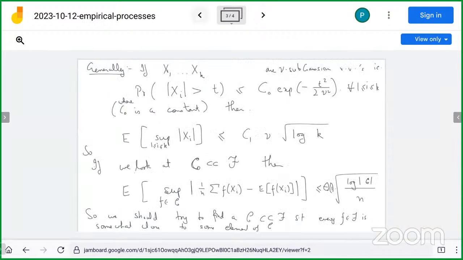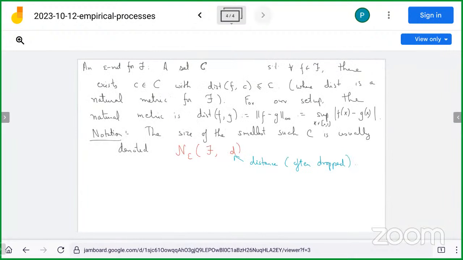Given an epsilon net, can you give me a bound on this side, in terms of the size of the epsilon net and maybe epsilon?